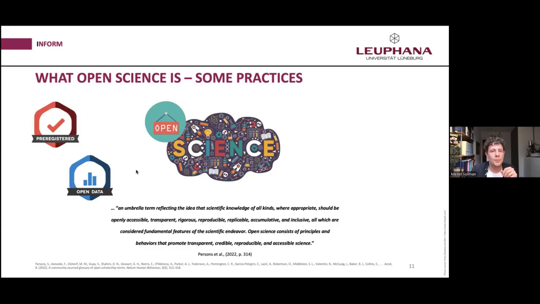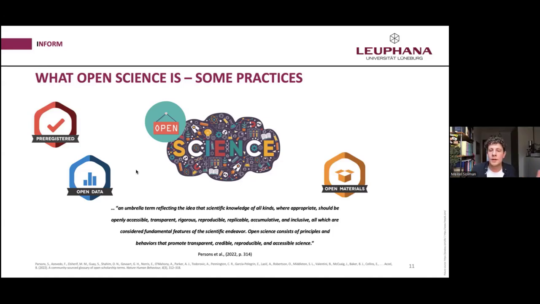Another badge that you can earn after you collected your data, if you adhere to the open science practices, is open data, meaning that you give your data to the general public, make it accessible to everyone who is interested, and they can reanalyze your data, use your data for meta-analysis or whatever the reason, but you are very transparent about the data that you used.